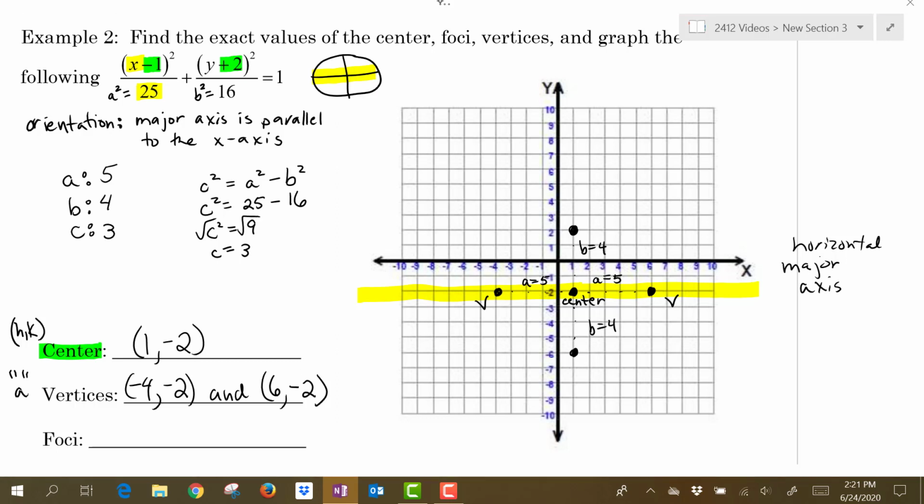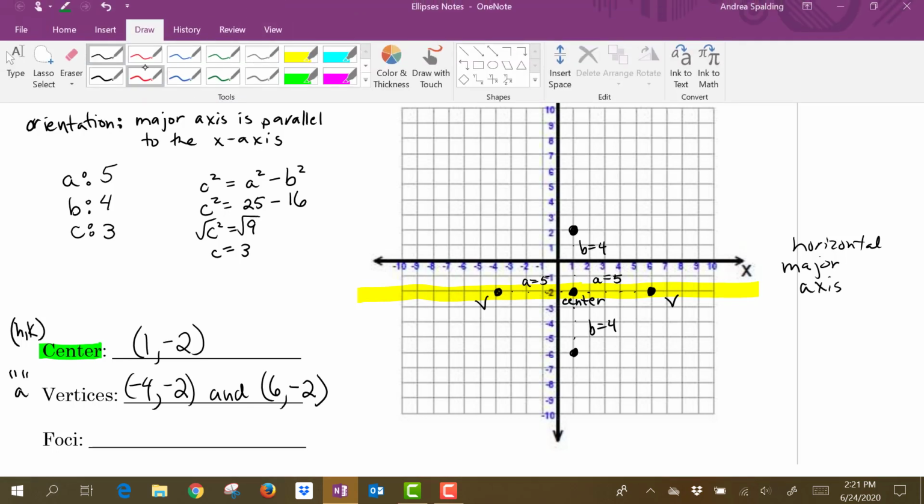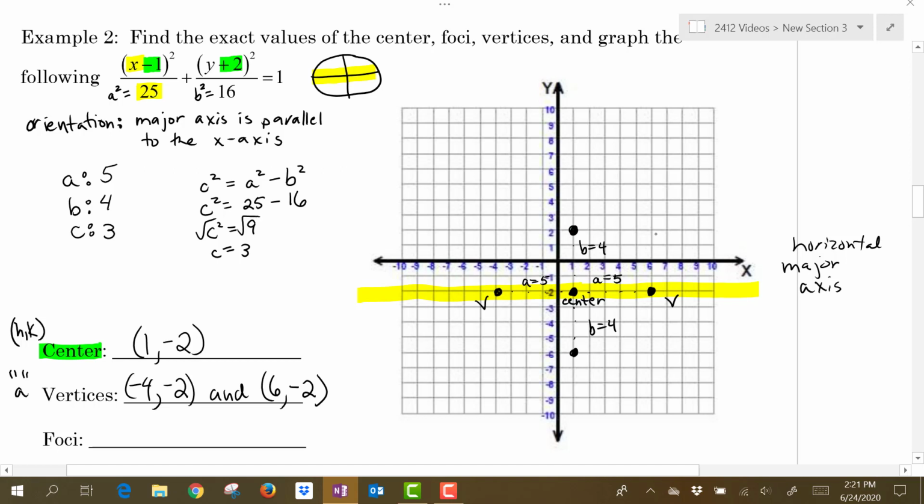Alright, so that distance tells me how far to go from the center to the endpoints of the minor axis. We don't have to record those. Okay, now that we have all of those values plotted, we can draw the ellipse. Alright, doesn't have to be perfect, but we'll do our best.